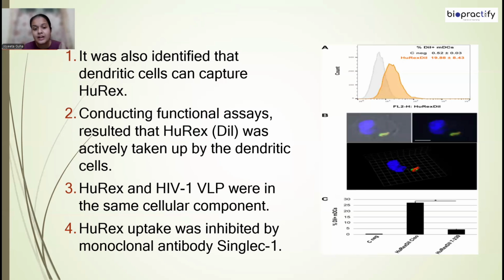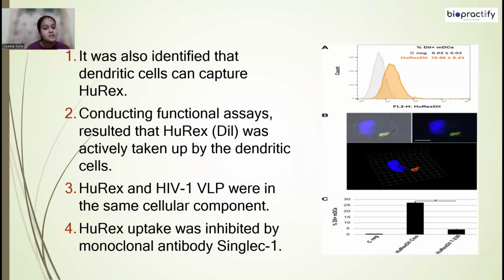Because HIV-1 VLP is an antigen and singlet 1 is an antibody. Of course, the antibody will not let absorption of the antigen. The monoclonal antibody singlet 1 will not allow the absorption of any component which has the antigen, right? So though there is Hurex present, that will not get absorbed.